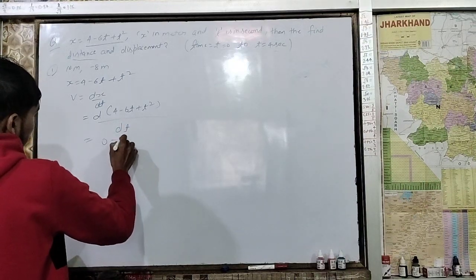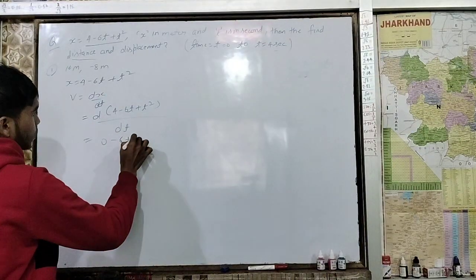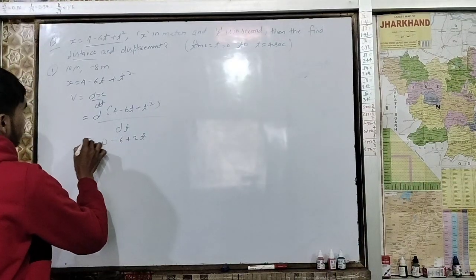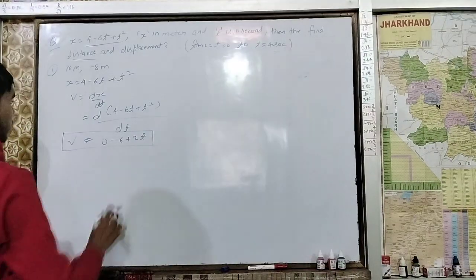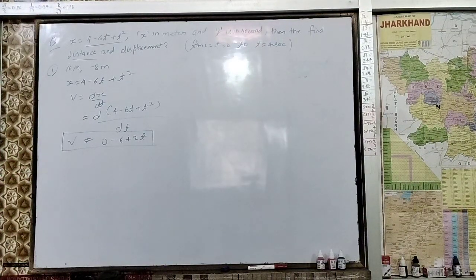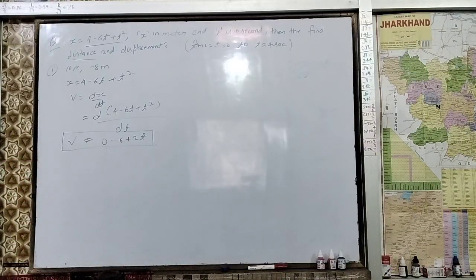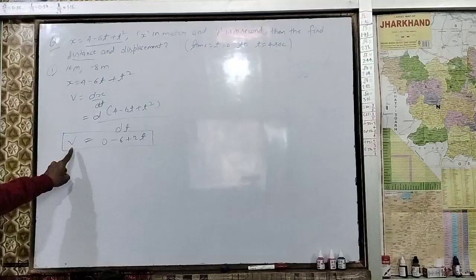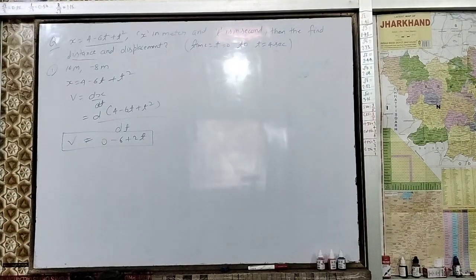And differentiation of t square becomes 2t. So v can be written as minus 6 plus 2t. If you differentiate this v, then acceleration will come.